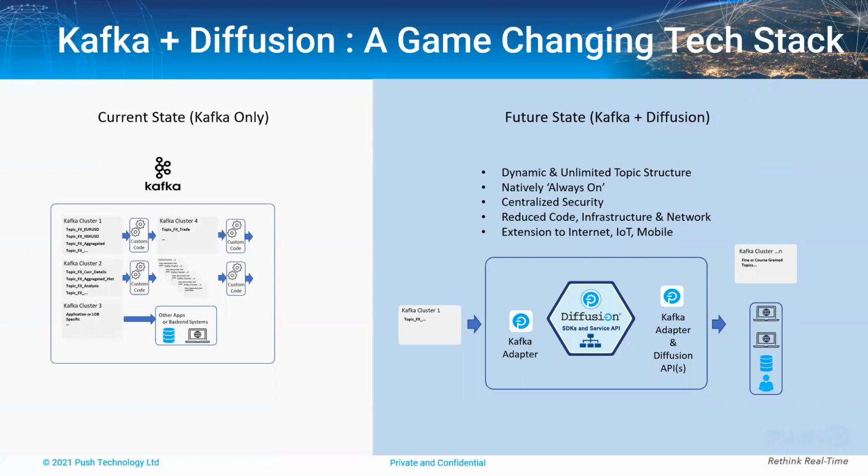Natively always on, centralized security, reduced code, reduction of that human element, of that coding element, streamlining of that, reduction of infrastructure and network for your distribution requirements, extension to internet, IoT, and mobile itself, and simplification of Kafka cluster environments themselves.